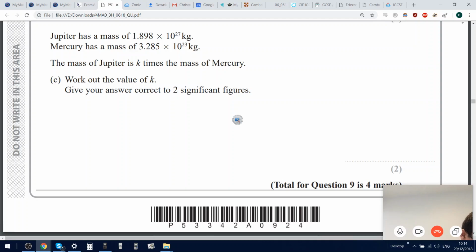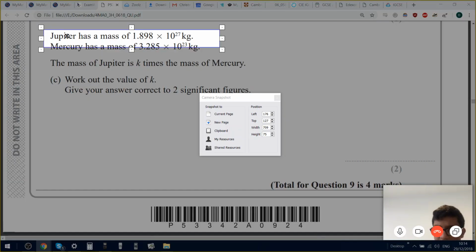What is that? And then I just use the values. So 1.898 times 10 to the 27 equals K, and I'll put in a bracket 3.285 times 10 to the 23. And you just divide to get K.